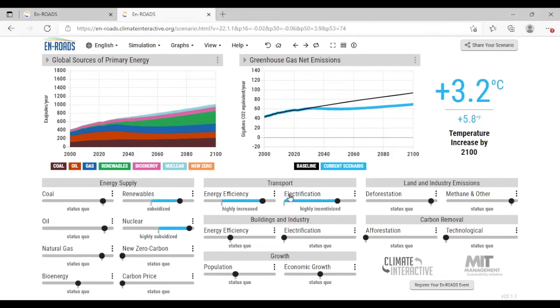Now note that every time we make a change or suggestion, we're changing the energy mix and we're pulling down the amount of net greenhouse gas emissions, and that's impacting the end of century temperature. Someone may suggest dietary changes, less meat and dairy.